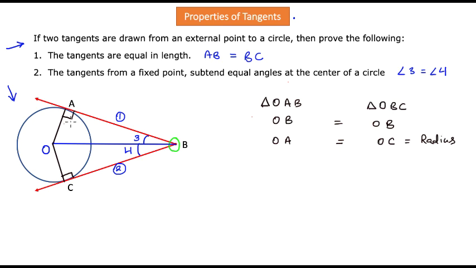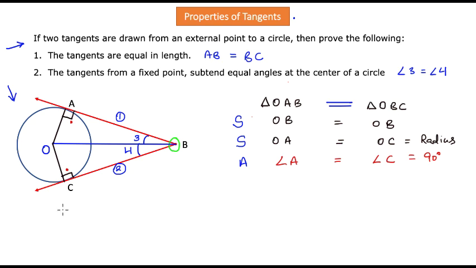What else we have is that the angle at vertex A is equal to the angle at vertex C, because they both are 90 degrees, right? So you see, now we have a very interesting finding. We have sides and the angle between two triangles as equal, and that means these two triangles are congruent to each other, right? Straightforward.